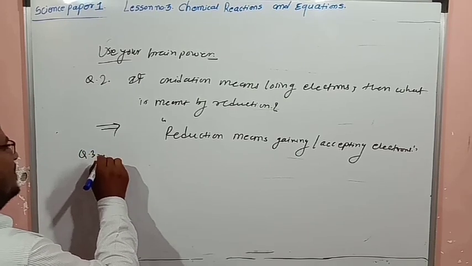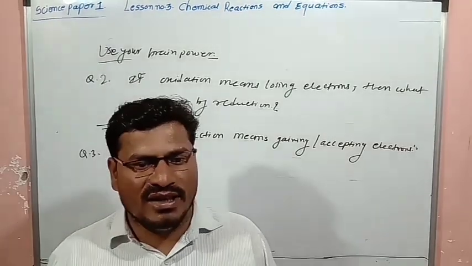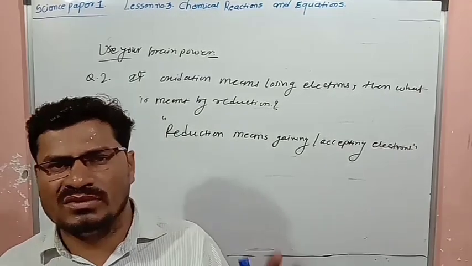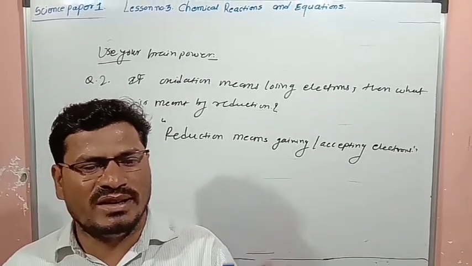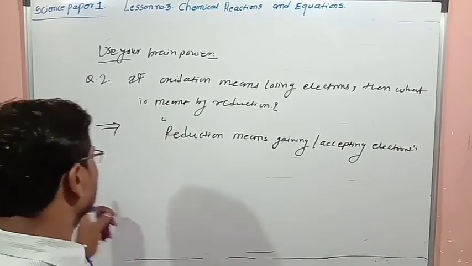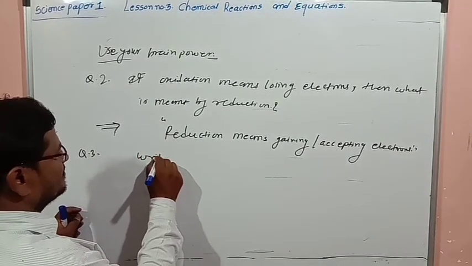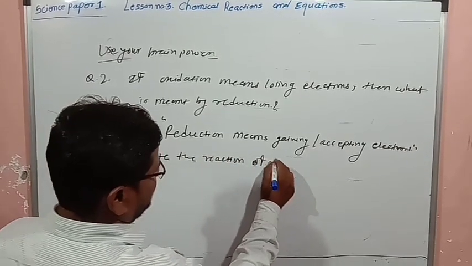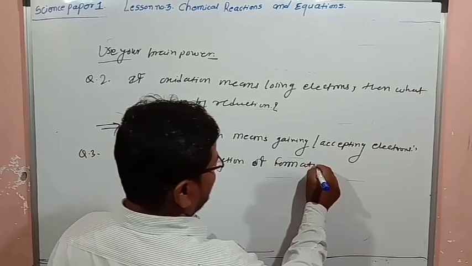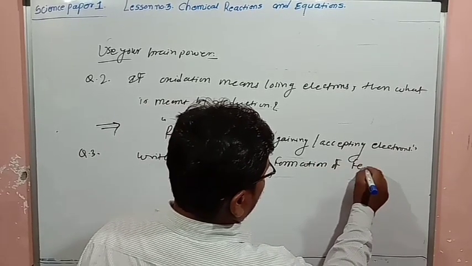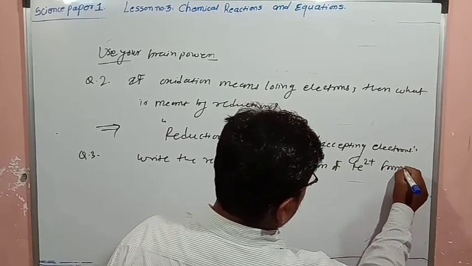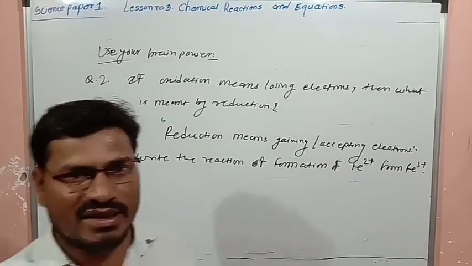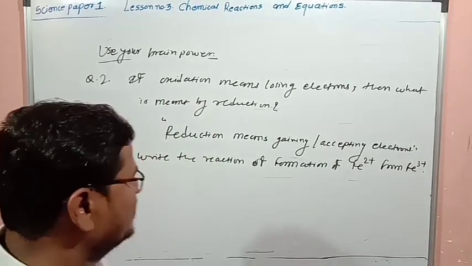Question number 3: Write the reaction of the formation of Fe2 plus by reduction of Fe3 plus. That means you have to write a reduction reaction. How will you write it?